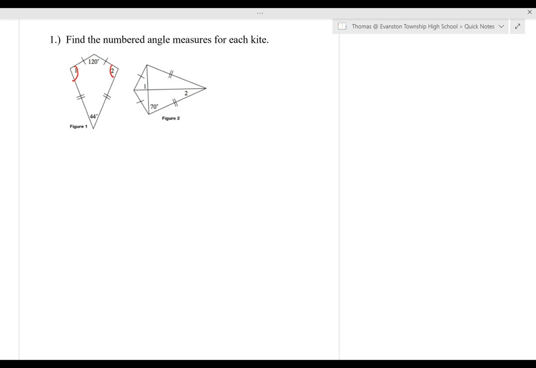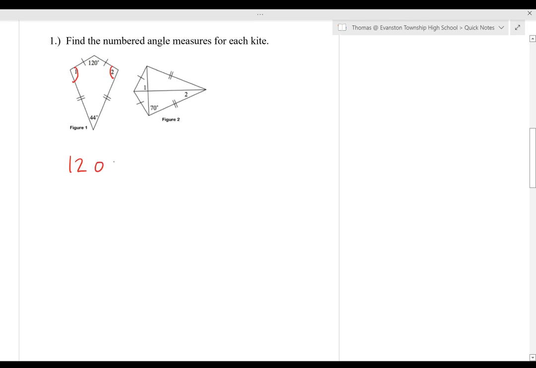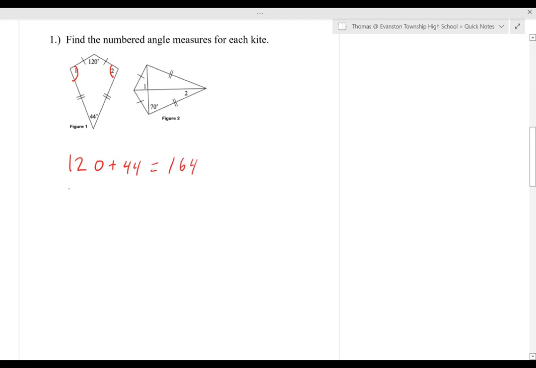So if those are congruent, I know I can take away the angle at the top and the angle at the bottom. Combine those. And I can take those away from 360 degrees. And then I know that remainder is going to be equal to those two opposite sides.